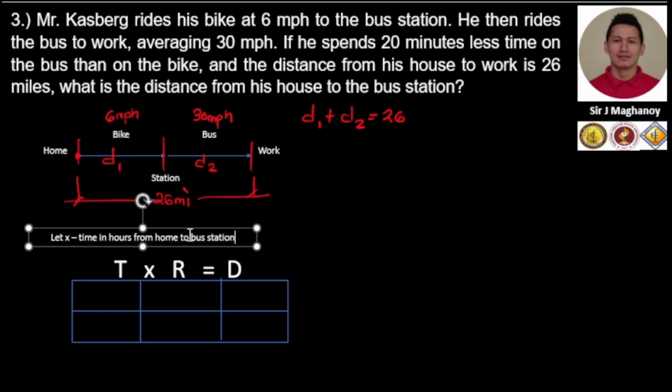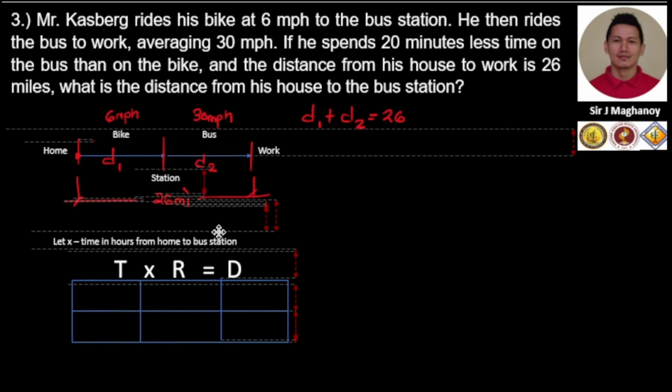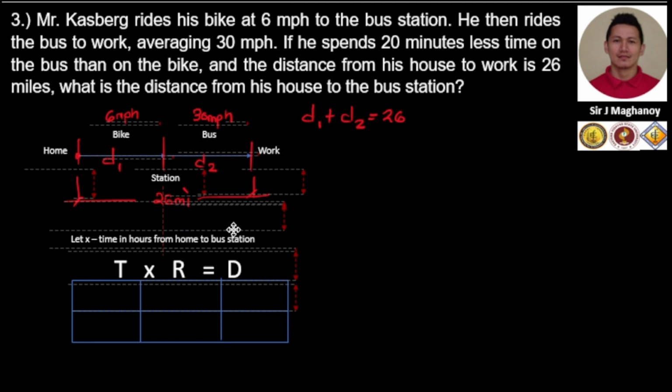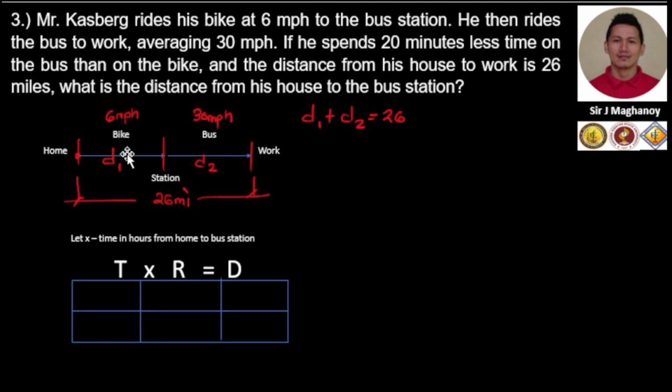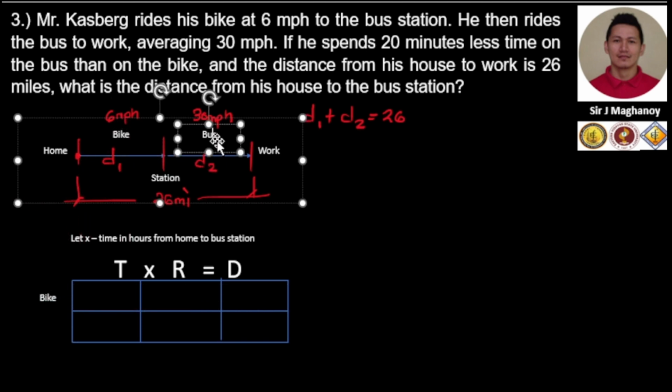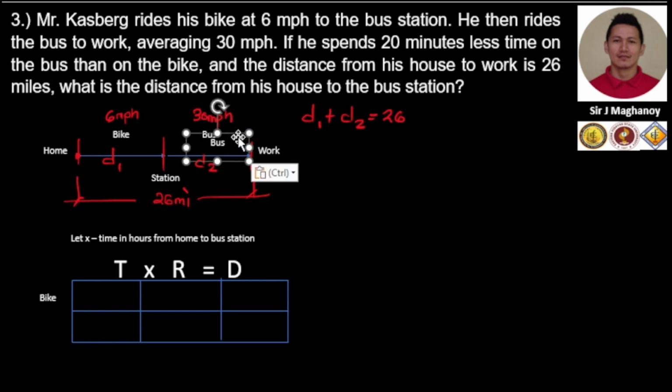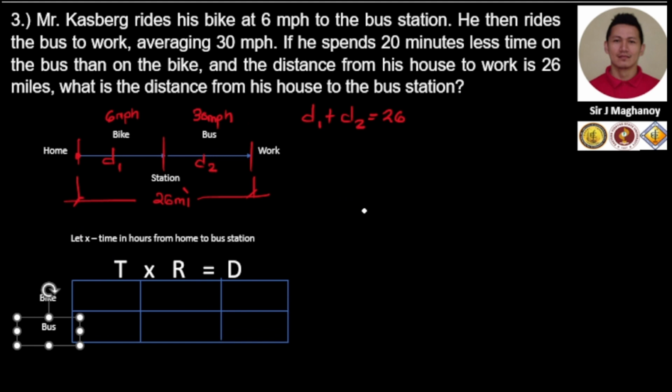So we let x be the time in hours going to the bus station. We have our moving object, the bike, and the second moving object is the bus. He rode the bus going to work. Okay, so let's fill out the table.